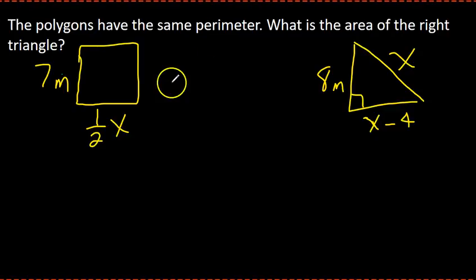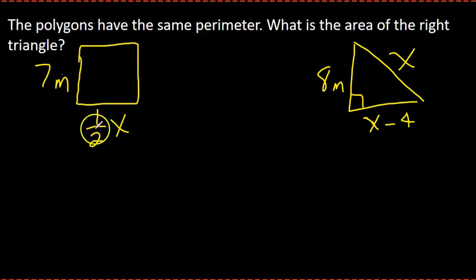Okay, let's go. So remember, perimeter is finding the distance around the figure. So for the rectangle, since this side is 1/2 x, this side is going to be 1/2 x as well, because opposite sides of a rectangle are the same. So once we do that, we can write out, let's call it perimeter 1.